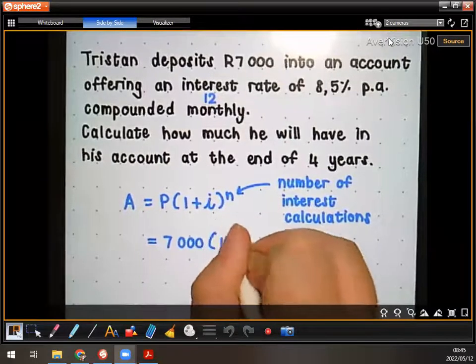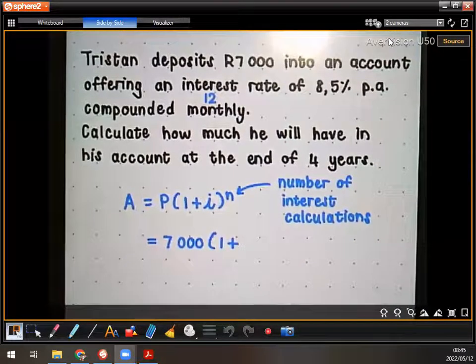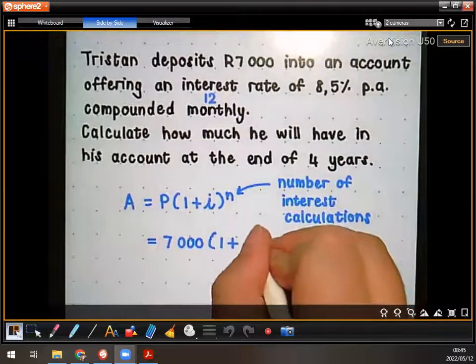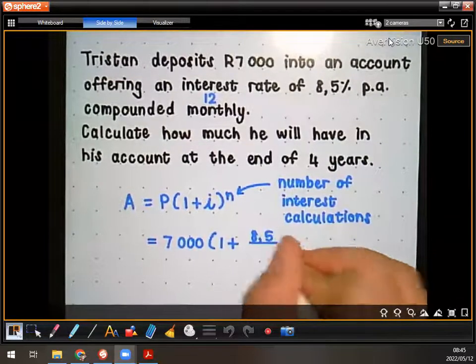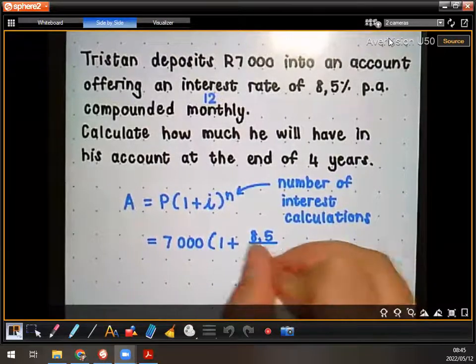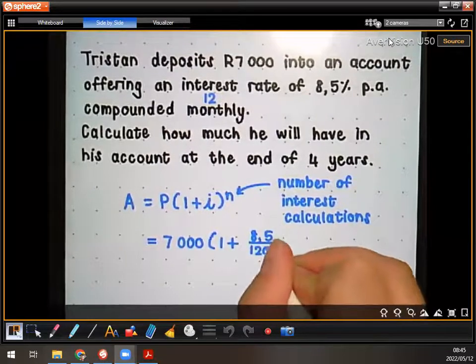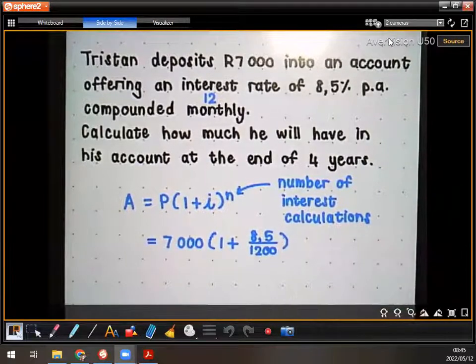Bracket 1 plus. The interest rate is 8.5%, so you put 8.5 over, it's monthly, so 1,200. To the power of n.